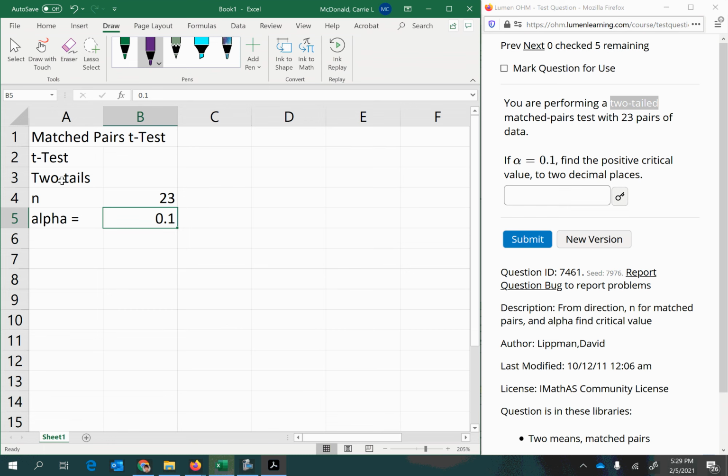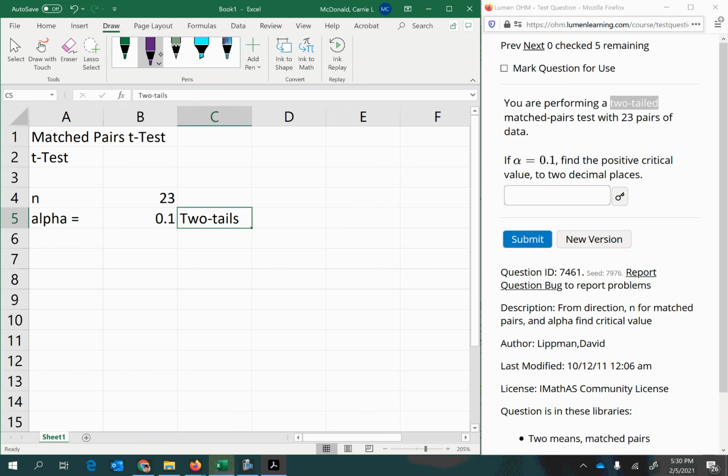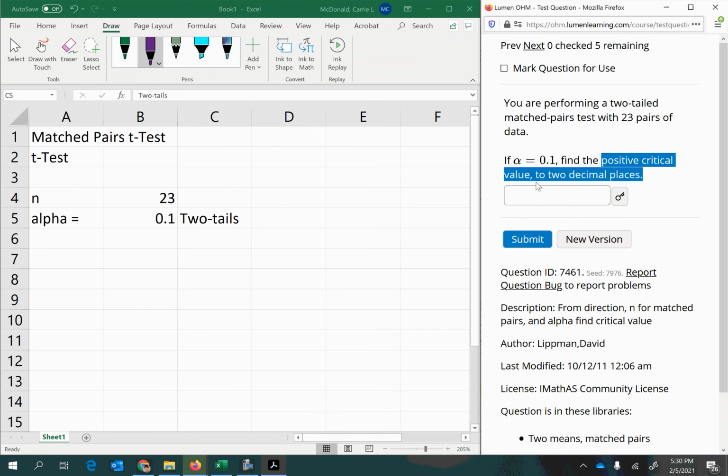And now when we said two tails, that means that is the total alpha in both tails. So when you start thinking about doing what they've asked us to do, which is to find the positive critical value, we need to envision it.